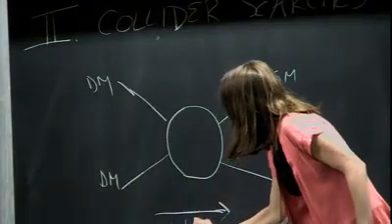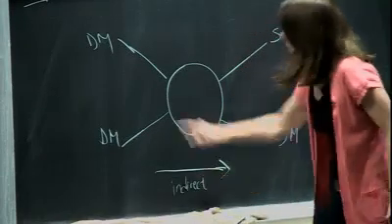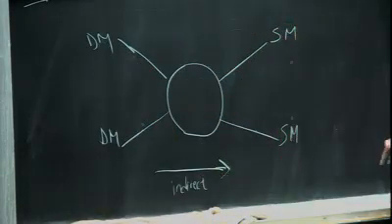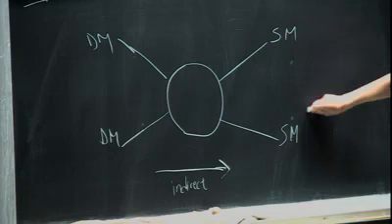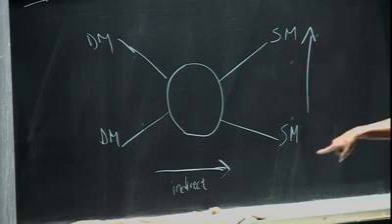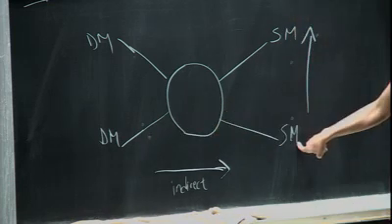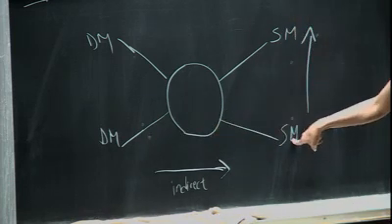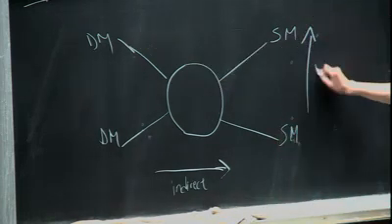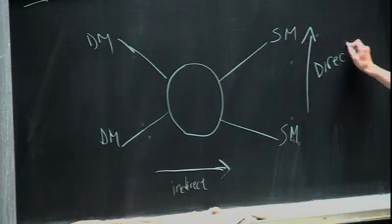That's indirect searches, where we have dark matter annihilation and we observe standard model. Yesterday we considered what happens when we go this way, which is dark matter scattering off of standard model, some nucleus. This is direct detection.